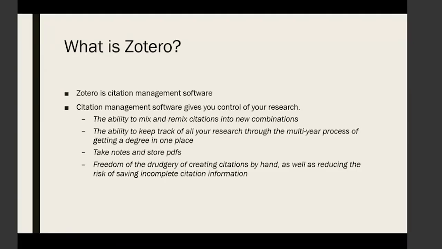Citation management software takes some of those old strategies and it just updates them with the technology that we have available today. So this software can allow you to not just collect citations, but also mix and remix them into new combinations and through folders, which I will show you how Zotero does that.